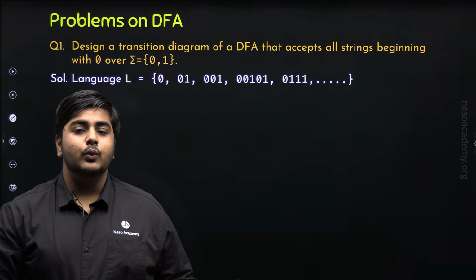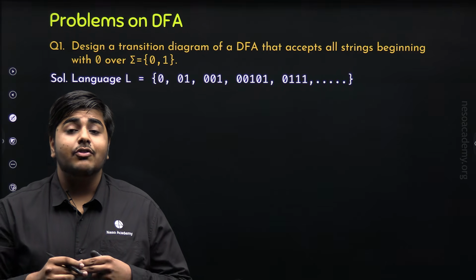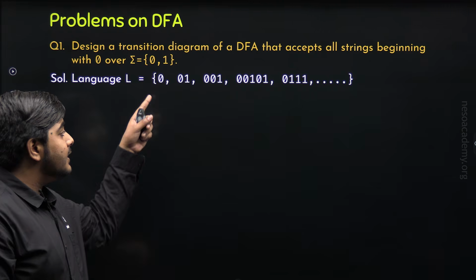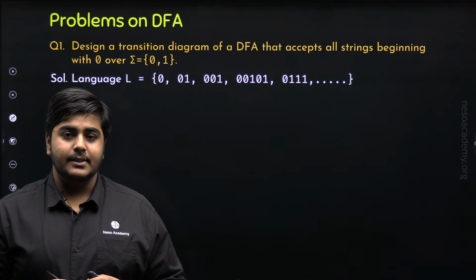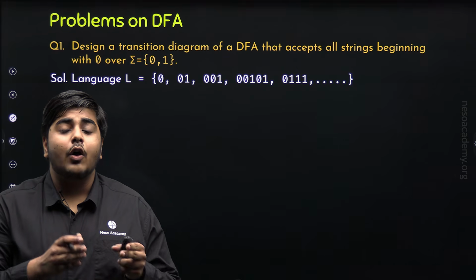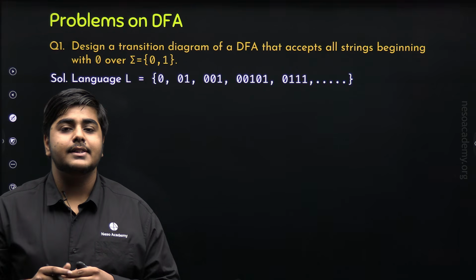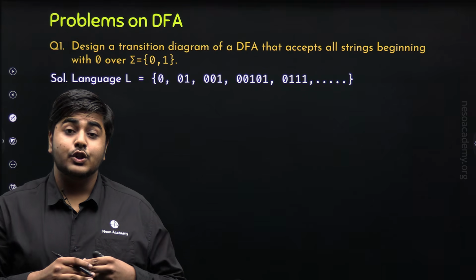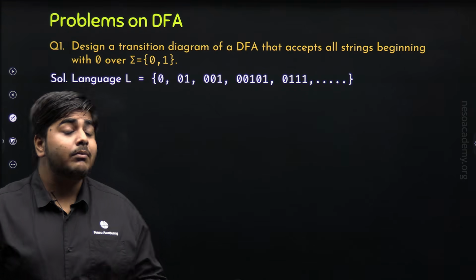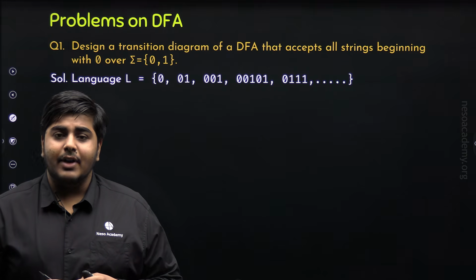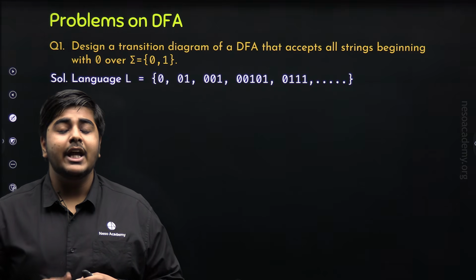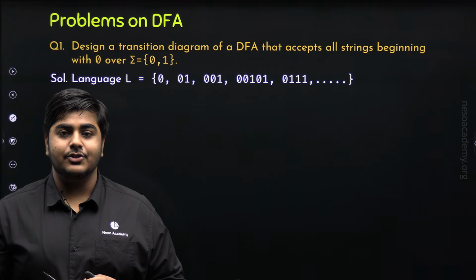In step number 2, you are required to draw the transition diagram to accept the simplest possible string. And the last step is you need to complete all the transitions for all the states in the DFA. While constructing the transition diagram to accept the simplest possible string, there may be many missing transitions. So in step number 3, we will complete those missing transitions.